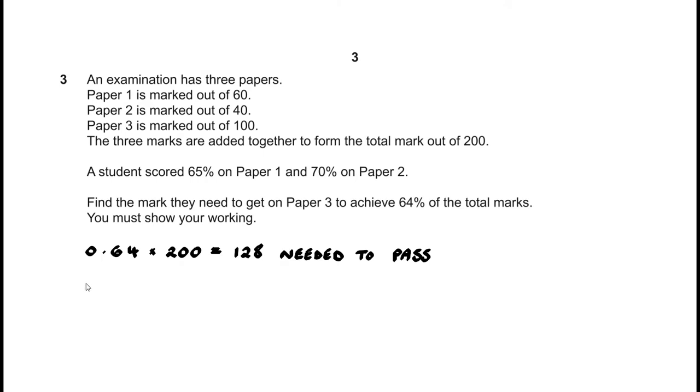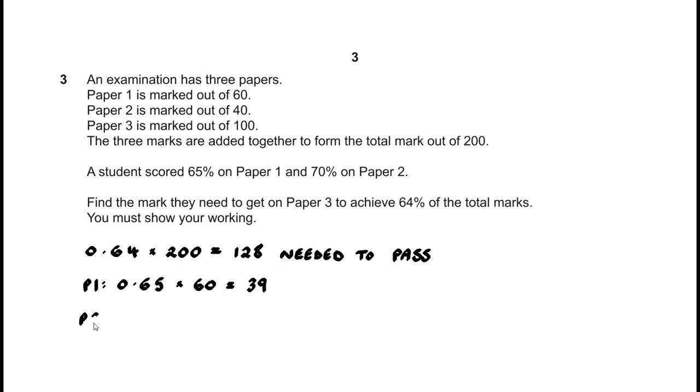Now if we take a look at paper 1, let's see how many marks they got. Well, they've got 65% of 60. So 0.65 times by 60, that's equal to 39. So they got 39 marks on paper 1.